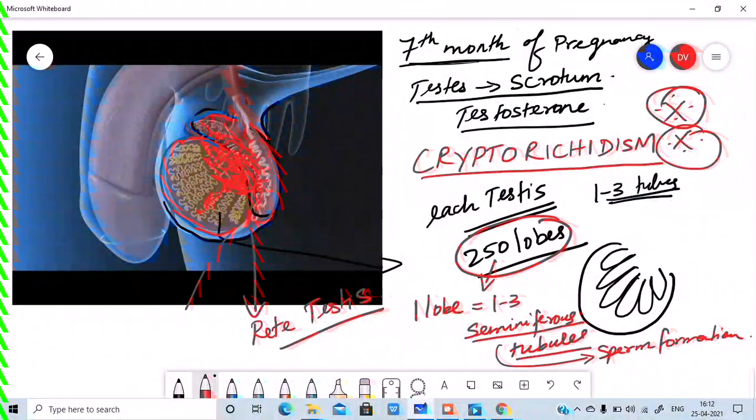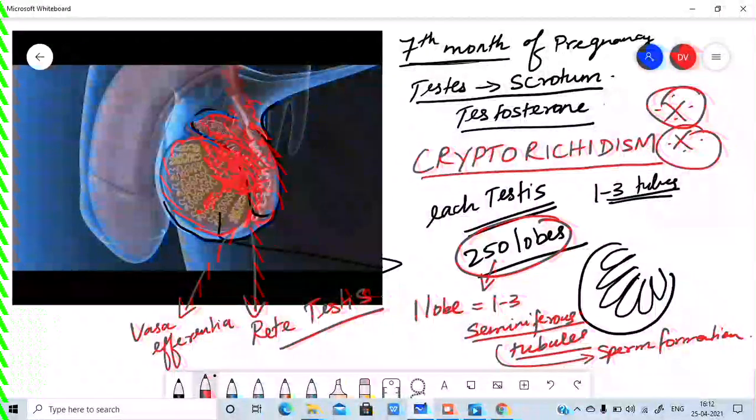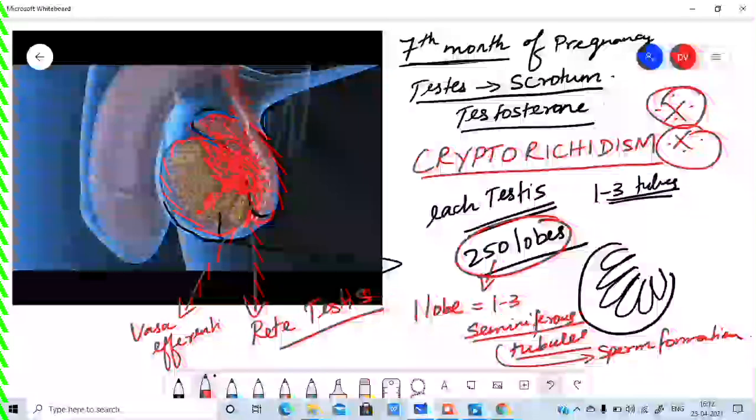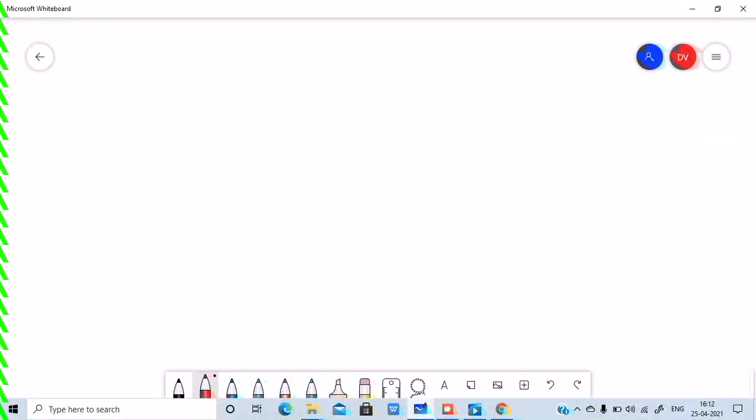These tubes are known as the vasa efferentia, and that is what gets joined to a long tube known as the epididymis. A long coiled tube is what is known as epididymis. So let us go back once again. See guys, if this is the testis, the testis has lobes like this.